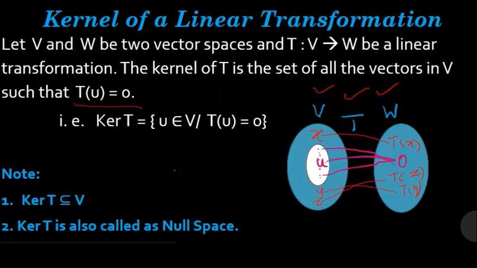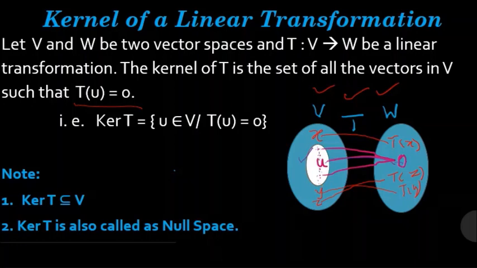T of U is equal to 0. That means U is mapped to 0. So let us suppose that all these elements in this set, shown in white color, are all mapped to 0. Then this set we call the kernel of the linear transformation. That is, kernel T is defined as the set containing U belonging to V, the vector U from the domain, such that T of U is equal to 0.